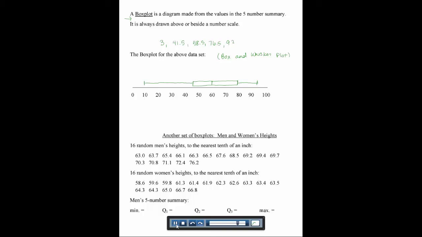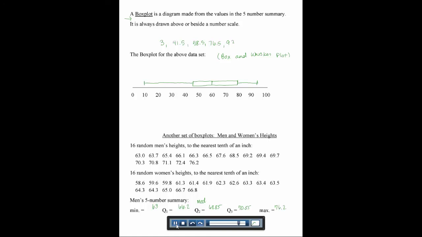Okay, so for men's, we get our minimum is 63. Q1 is 66.2. Q2, that's the same as the median, is 68.85. Q3 is 70.55. And the max is 76.2.